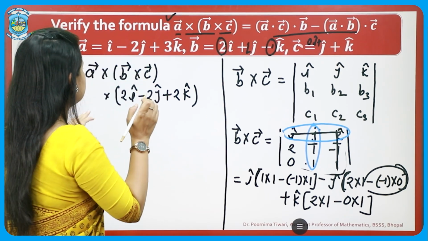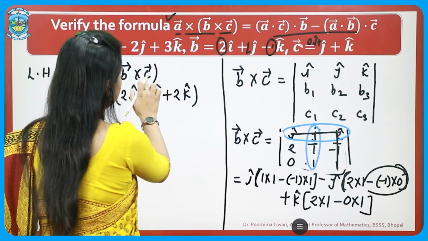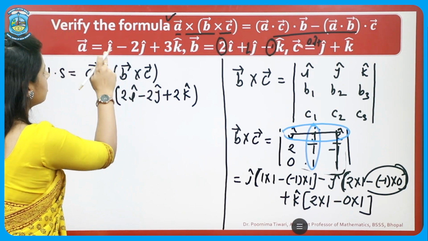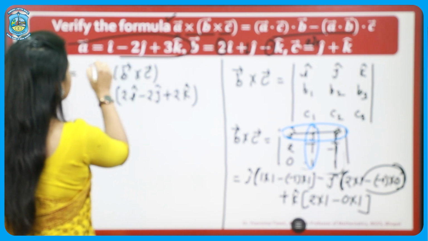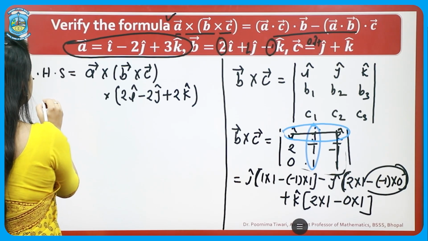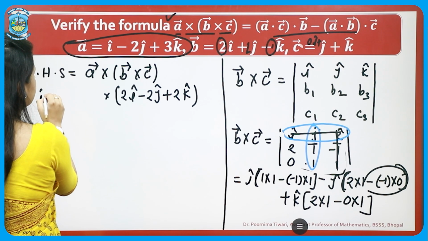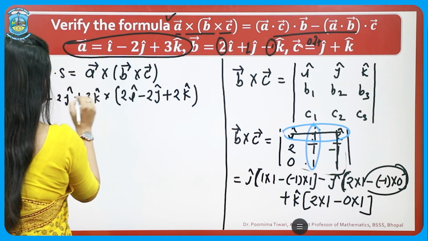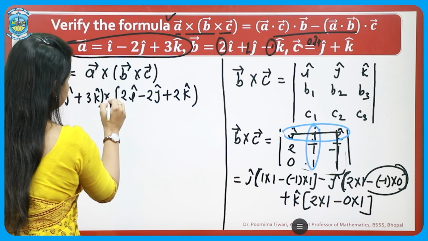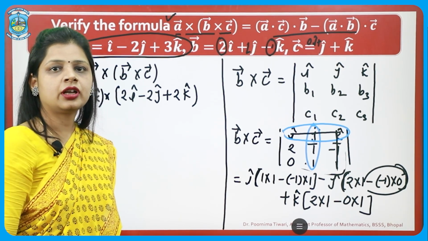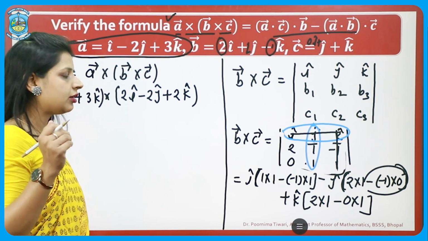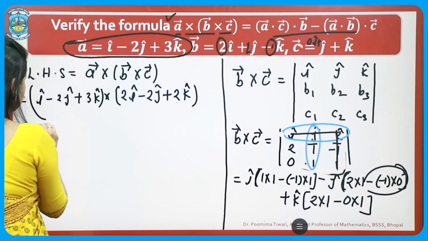So, for the left hand side, first we have obtained the value of B cross C and now we will take the cross product with the given vector A, which is i cap minus 2 j cap plus 3 k cap. Now, again when we take the cross product, we will apply the formula.